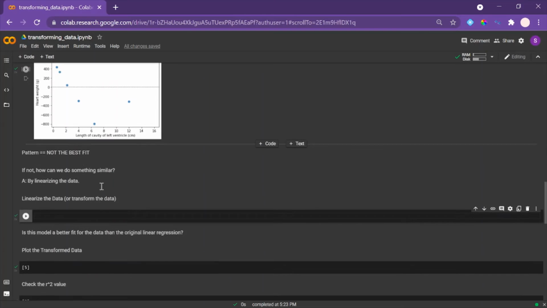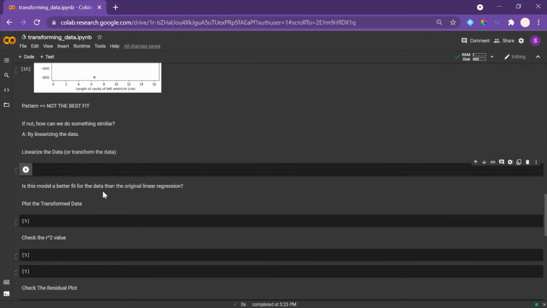So we're going to use a power model. So the way we're going to do this is we're going to set something up here. So we're going to use np.log10.